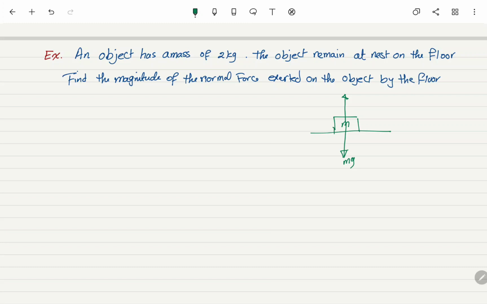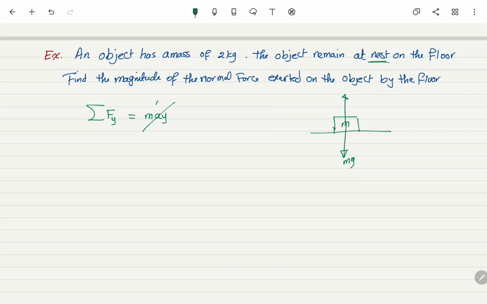So let's apply Newton's second law. The summation of all forces, in this case just on y, equals may. Actually, there's no need to say ay here, since the object remains at rest, so the velocity is constant and there is no acceleration on the object.